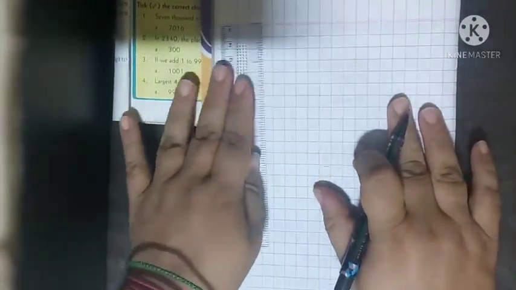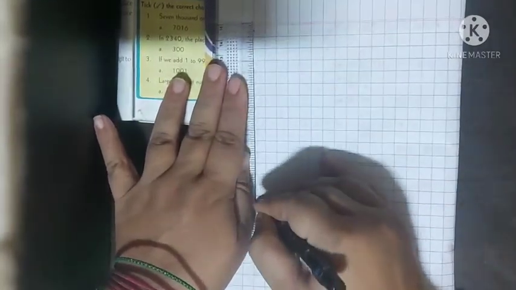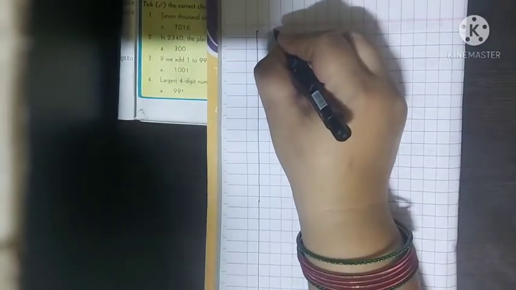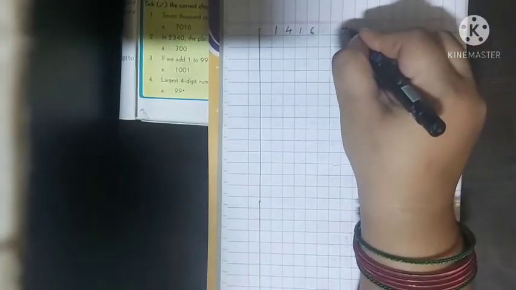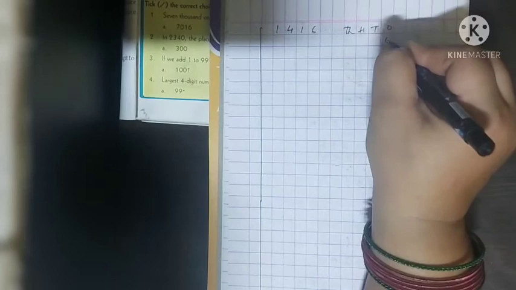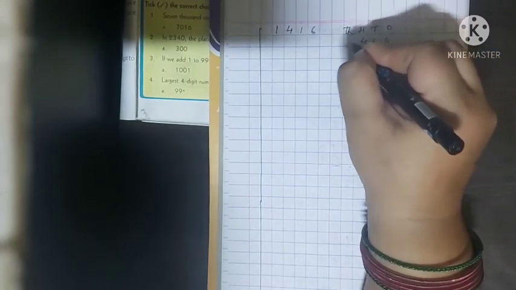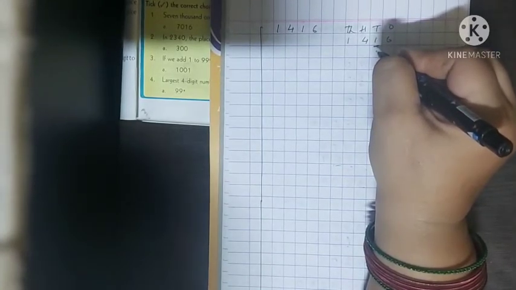Now the next number is, first I will draw the margin. Margin is not drawn on this page. So first I will draw the margin. First number is 1416. Again arrange them in 1000, 100, tens and ones: 6, 1, 4, 1. The number at tens place is 1, which is less than 5.